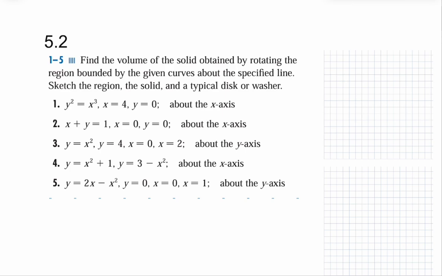Now, for volume, I gave you one where I've drawn the picture for you, and then 2 where you have to draw the picture yourself. Remember, the main thing: if it is like a disc, where we're just rotating and it's going to be a solid thing, then it is just pi times the inner radius squared, going from left to right, a to b.